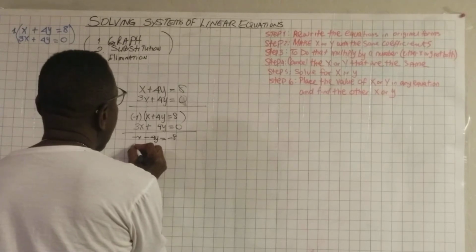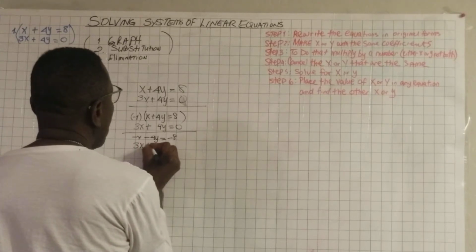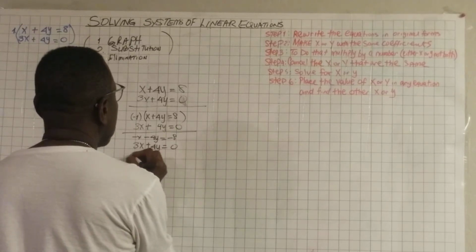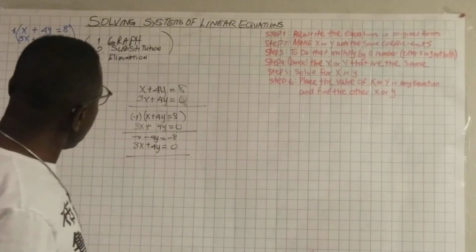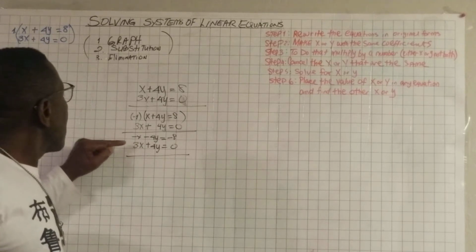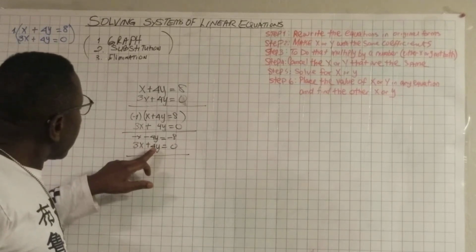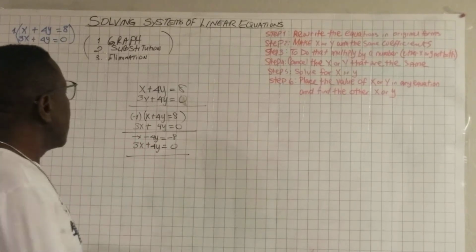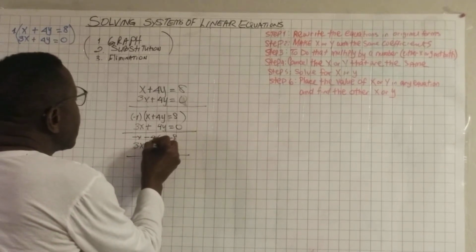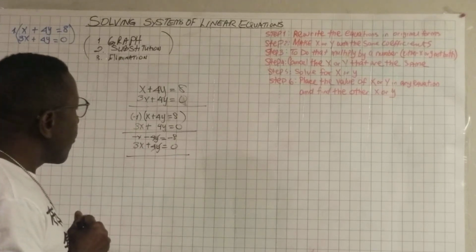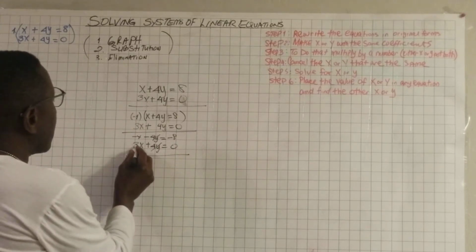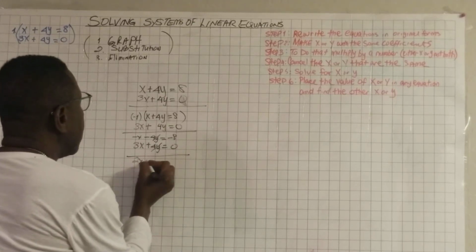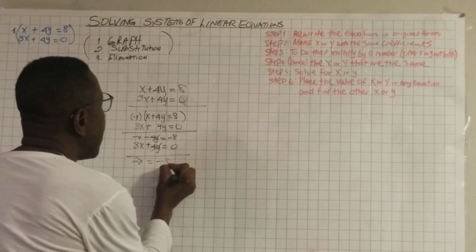So now we're going to have 3x plus 4y is equal to 0. So you can see we achieved that. Now, y coefficients are the same, 4 and 4, and their signs are opposite. So we can cancel this out if we add them. We're going to add this one and that one, and we're going to have 2x is equal to minus 8.